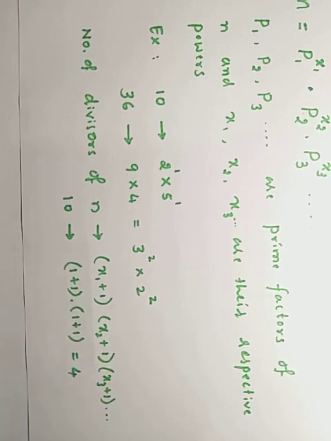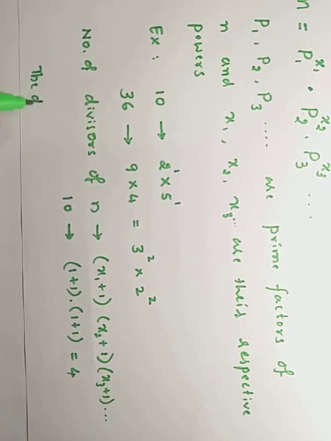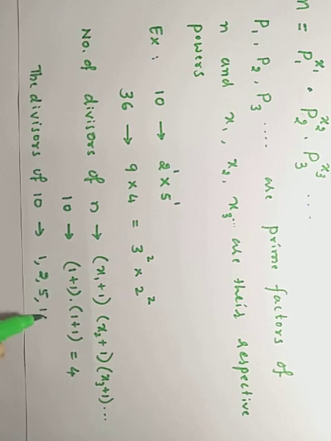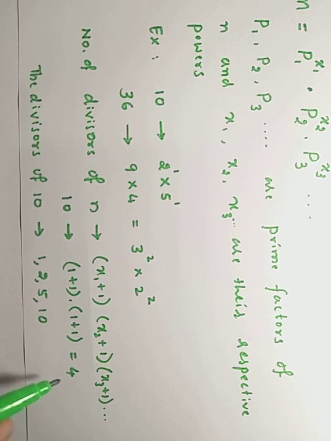Let us identify the divisors of 10, which are 1, 2, 5 and 10, which are 4 in number. Therefore, the number of divisors of 10 is equal to 4. It can be directly calculated by means of prime factorization and its powers.